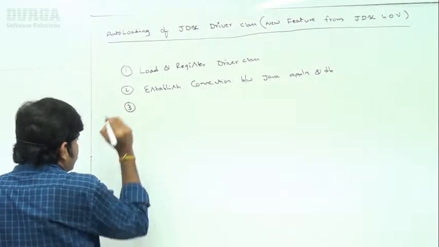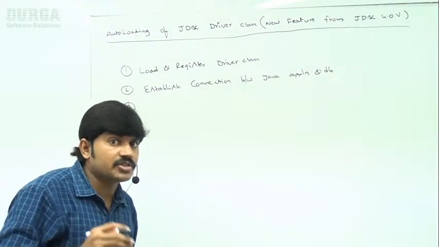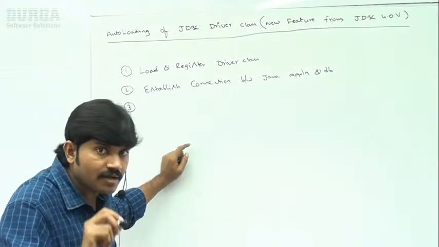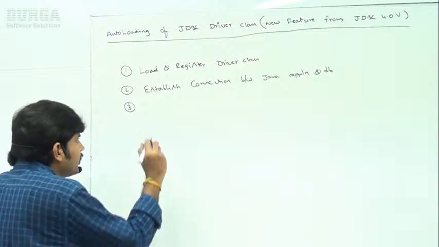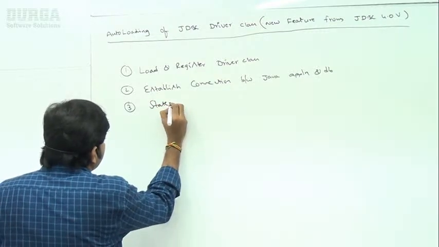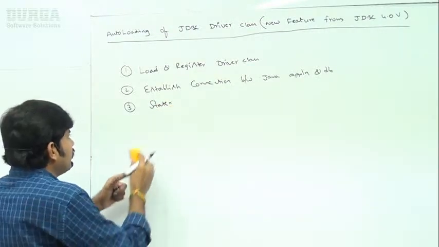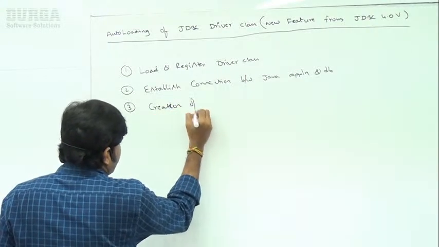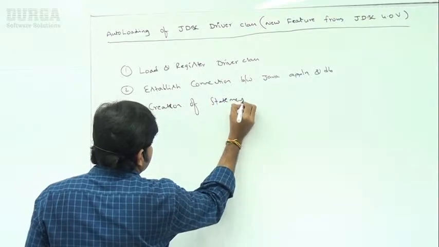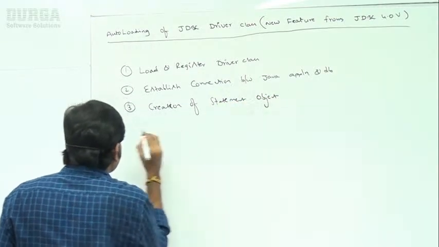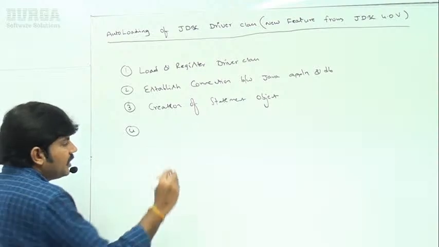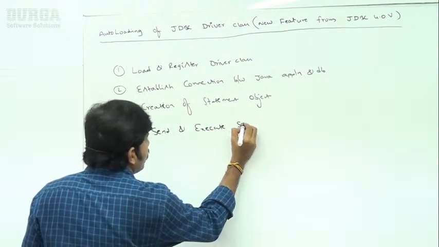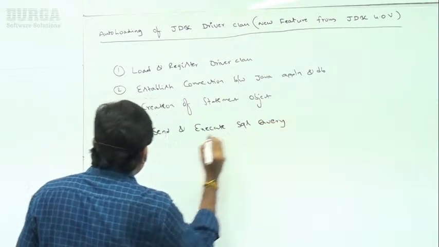Once the connection is established, to send our SQL query to the database and bring the results from the database, some vehicle must be required, which is nothing but the statement object. So, creation of statement object. Once the statement object is ready, send and execute SQL query.